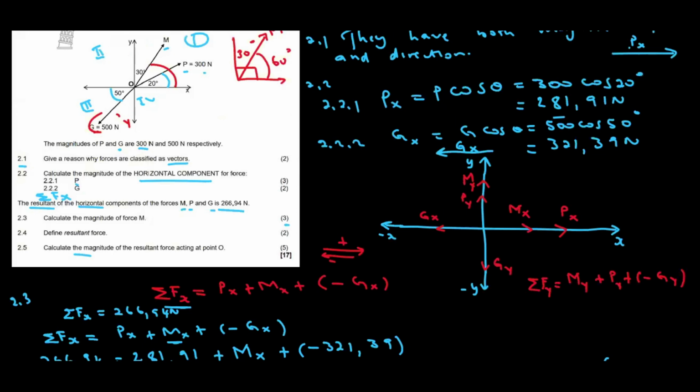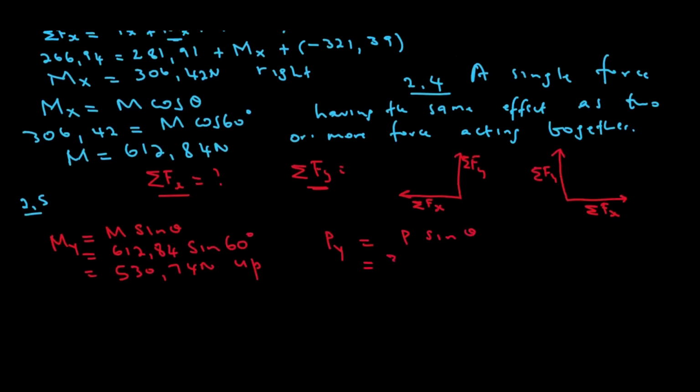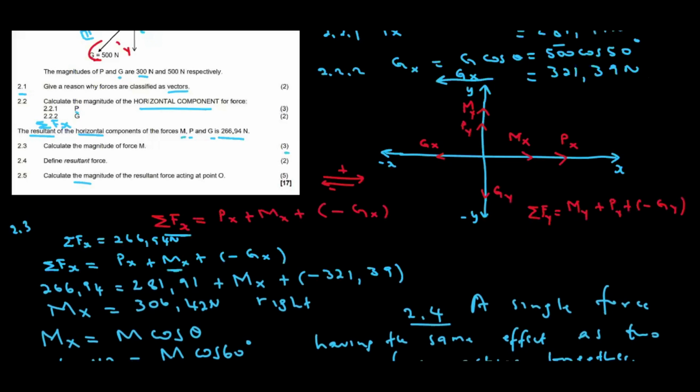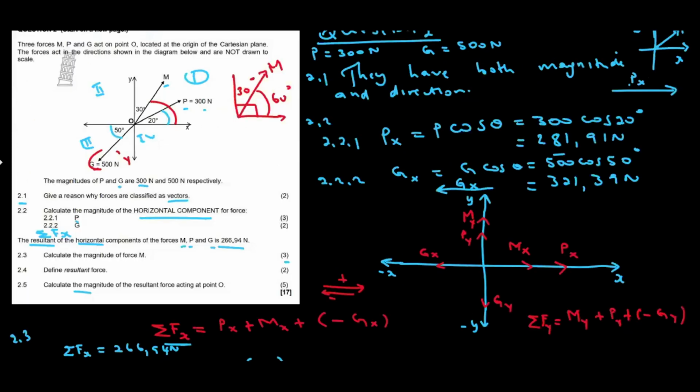Okay, right, so this is going to be 300 sine of 20 degrees. Let me just confirm. As you can see, the angle between P and the horizontal was 20 degrees there. So we are correct.